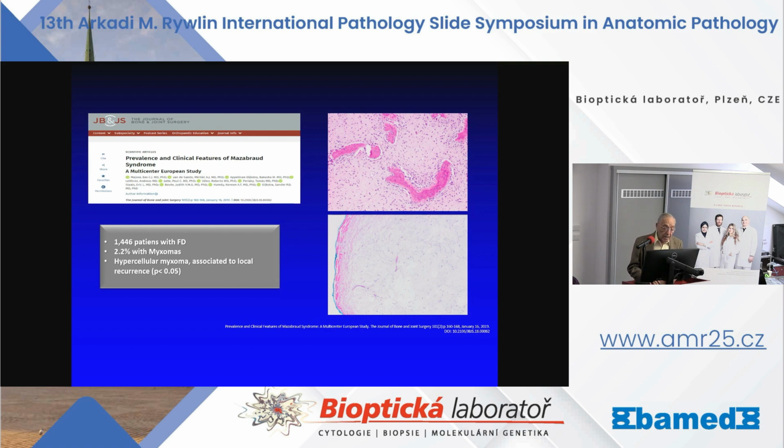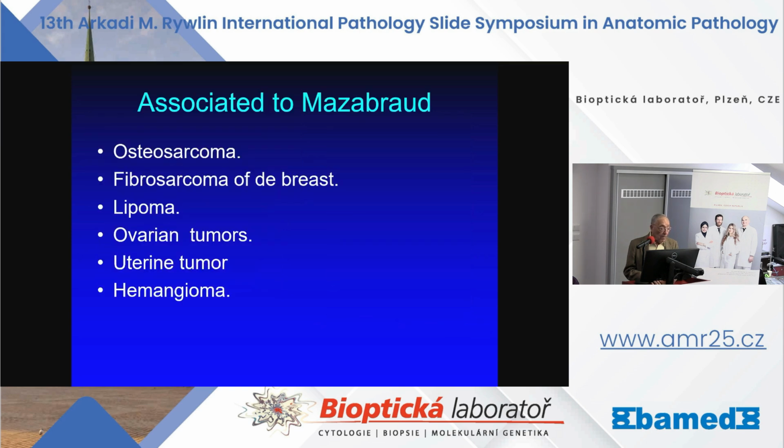This is the European study, and myxoma with atypia can be recurrent, with more frequent tumors. Associated with Mazabraud syndrome are several tumors: osteosarcoma, fibrosarcoma, lymphoma, ovarian tumors, uterine tumors, and hemangioma in one study.